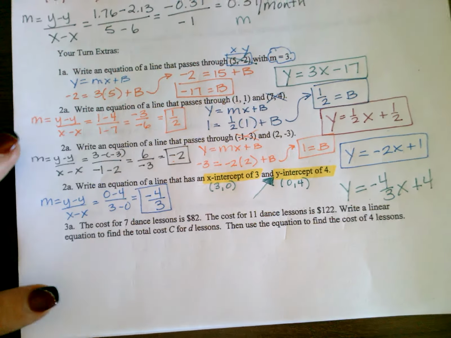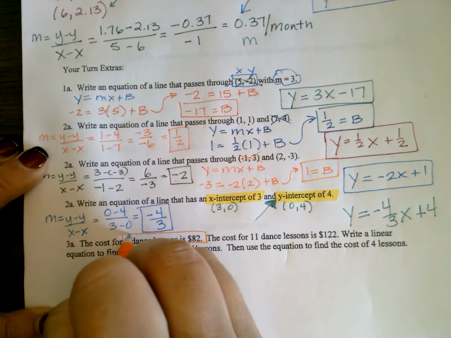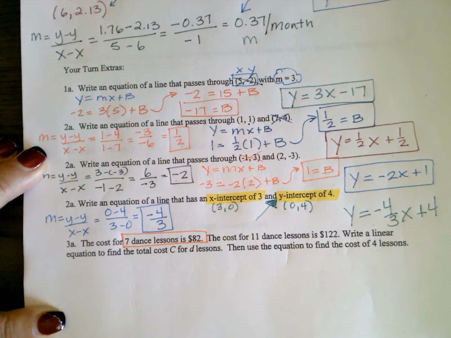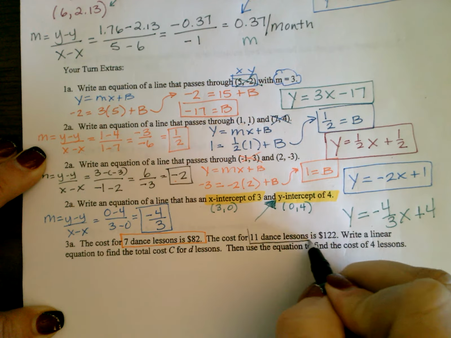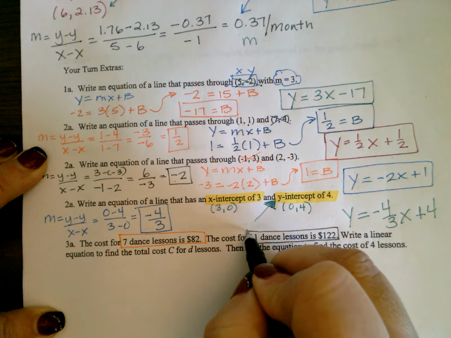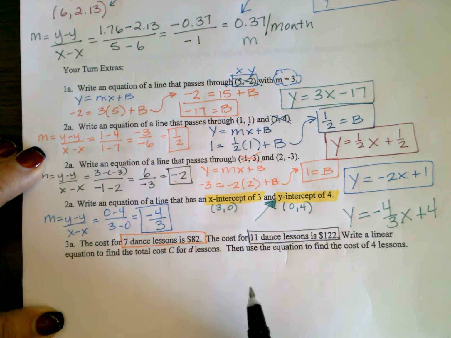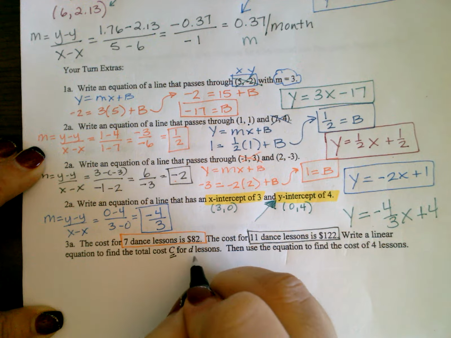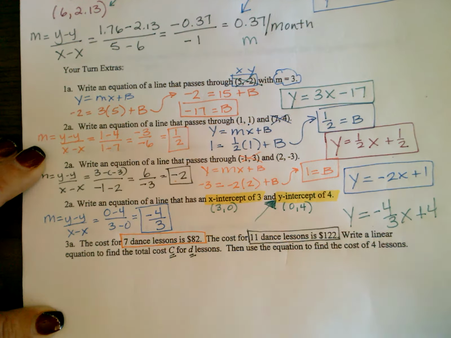Okay, the cost for 7 dance lessons is $82. This information goes together. If you want 7 dance lessons, it's $82. If you want 11 dance lessons, the cost is $122. We're going to write a linear equation for the cost C for D lessons.